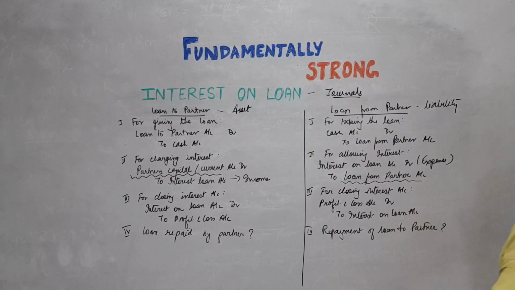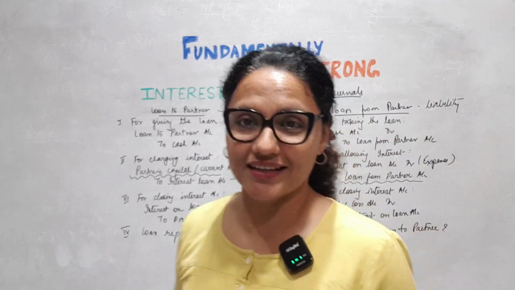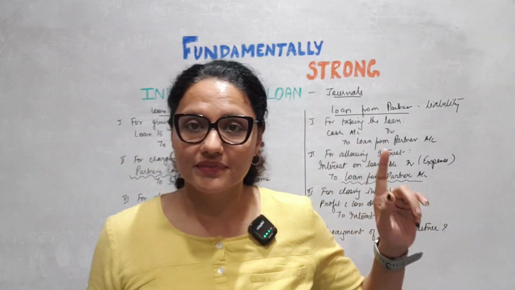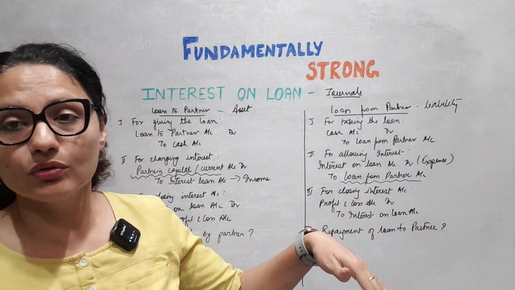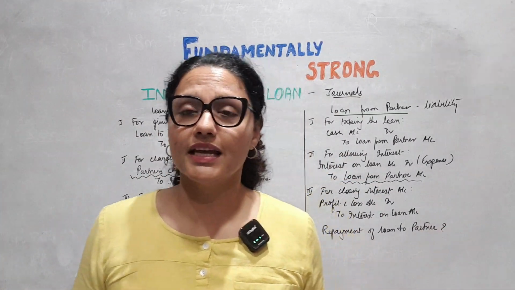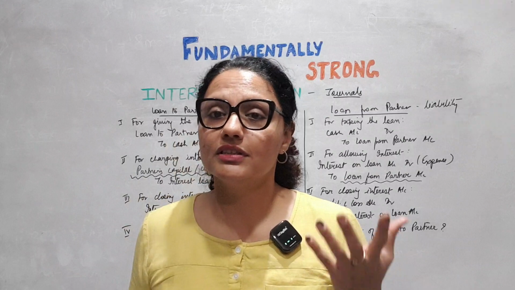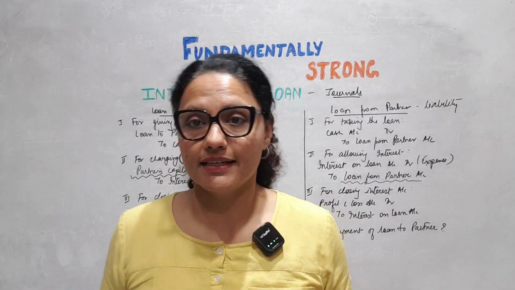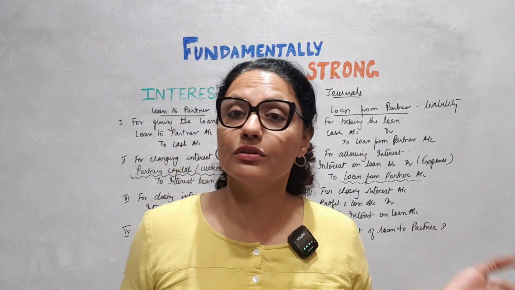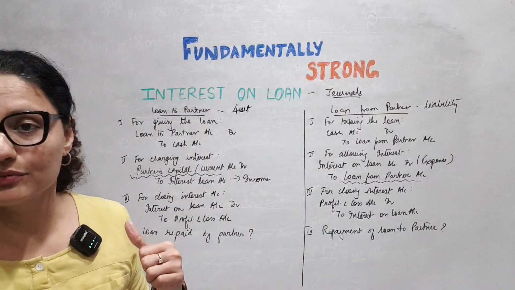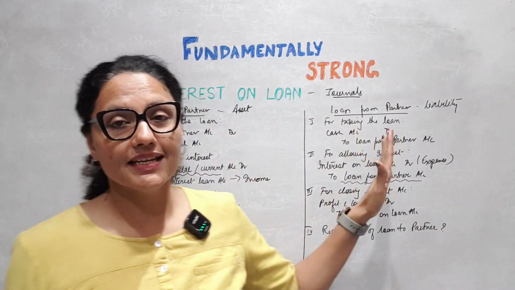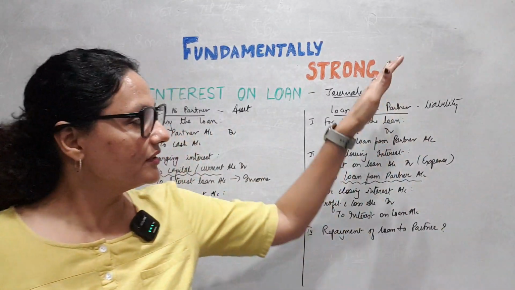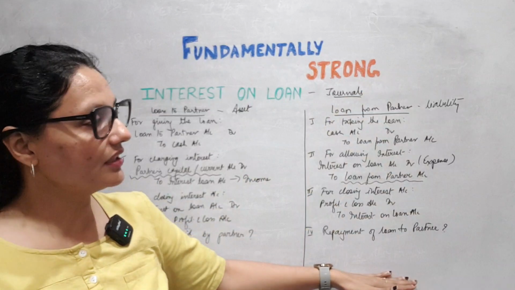Understand, here we are talking about a liability. I told you, when we dissolve the firm, the partner is supposed to get back the loan first, and he also has a priority over the interest on loan that he is supposed to get. That's why we don't merge it with the capital account. We will keep it credited to his loan account only. So this is the logic for the liability part.